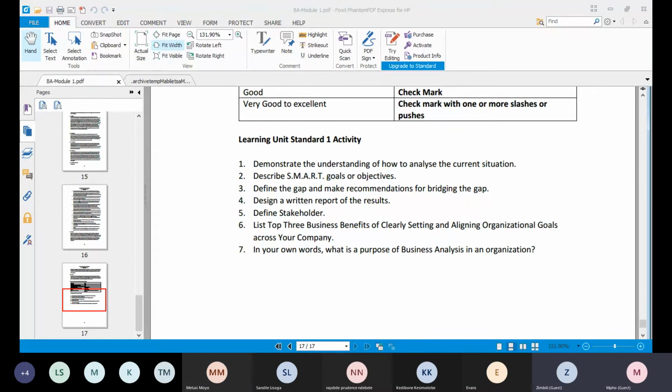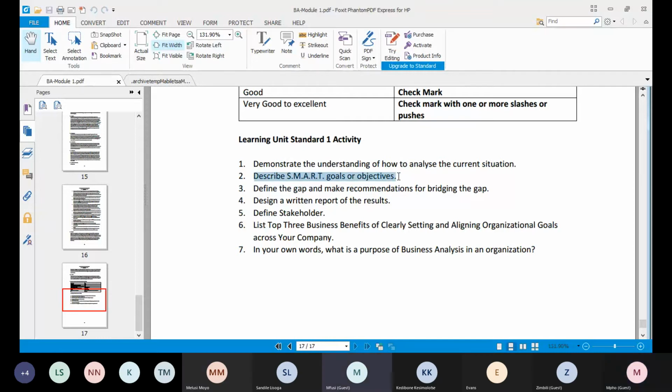Okay, Mfusi, can you please define SMART goals or objectives? Hello, Mfusi? Can you hear me? Yes, I can hear you. What is the question? Can you please describe the SMART goals or objectives, this abbreviation, SMART?